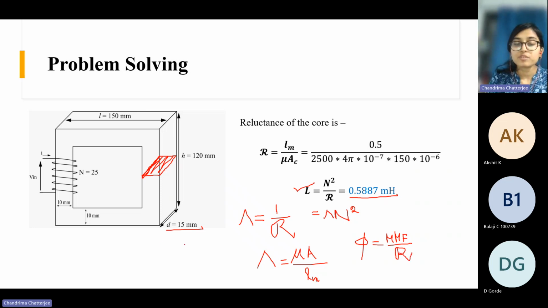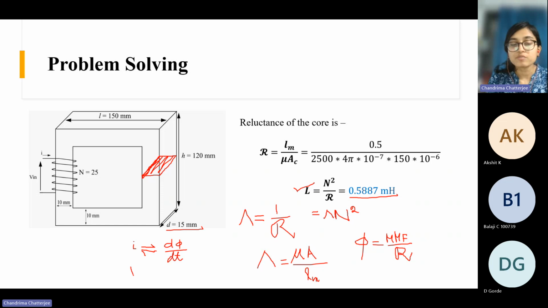If we have to draw an analogy between electrical circuit and magnetic circuit, then for current, the analogy is not flux but d phi by dt. Current is the dynamic part in an electrical circuit, so in a magnetic circuit the equivalent is d phi by dt.